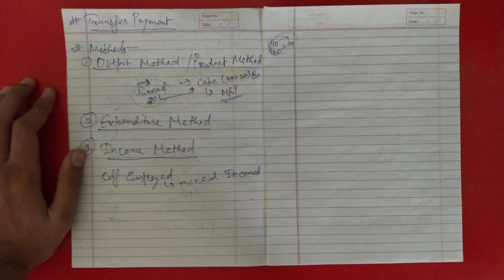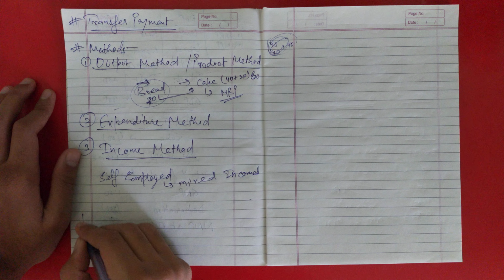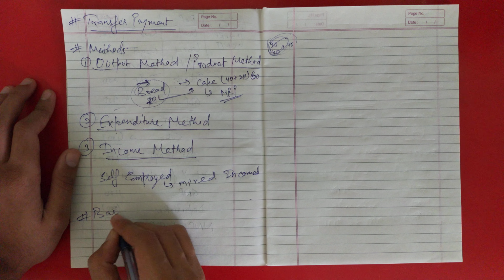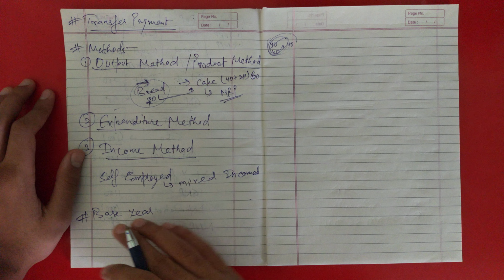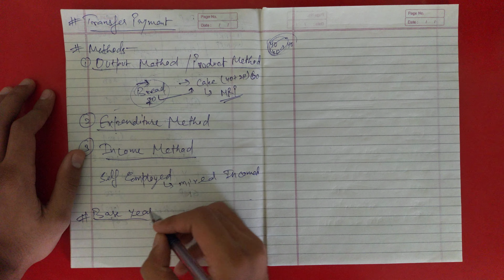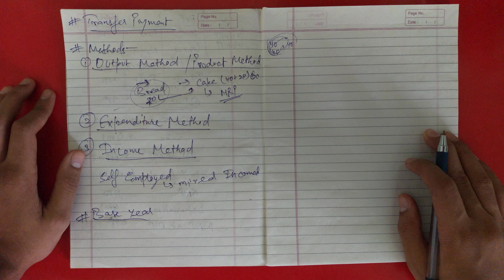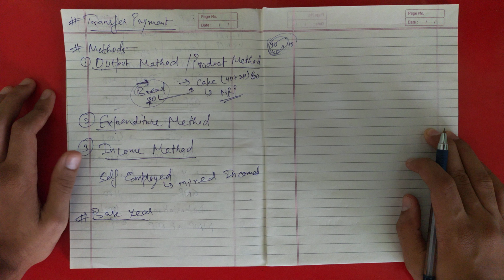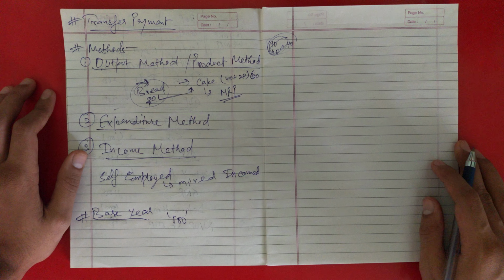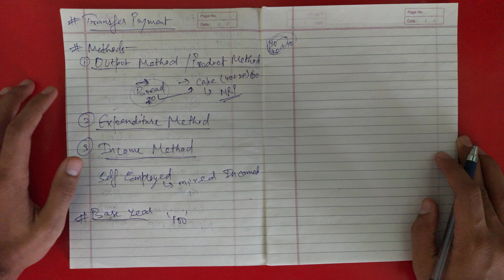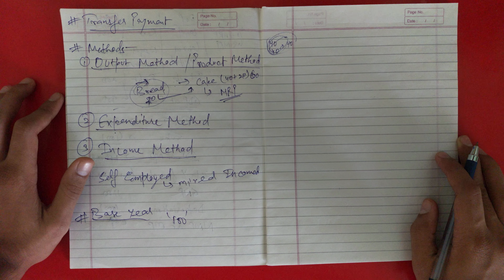Now I will talk a little bit about the base year. First of all, what is a base year? It is a specific year from which economic growth is measured. We have already studied this. It is allocated a value of 100 in the index, so one point to remember is that it has a value of 100 in the index.